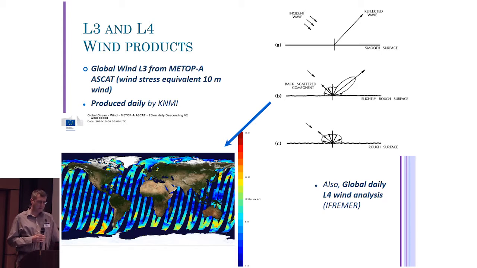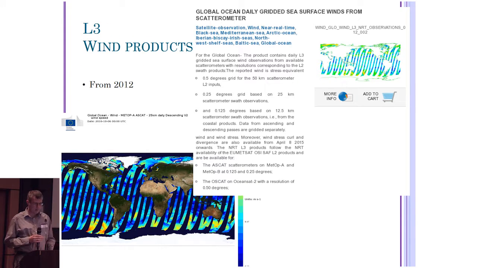We have Level 3 and Level 4 wind products also. These tend to be derived from scatterometer data, so the wind causes the surface of the ocean to be rough, which changes the backscattering seen by the scatterometer. This is an example of the Level 3 product. You can see that there are gaps in the data.